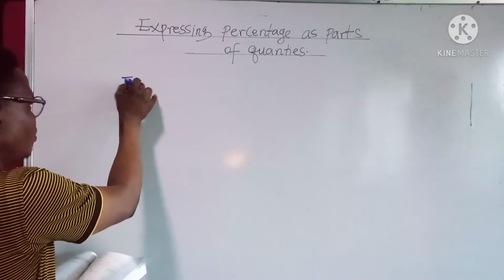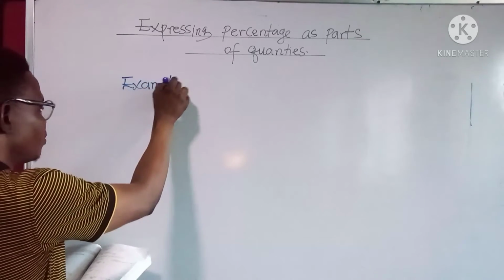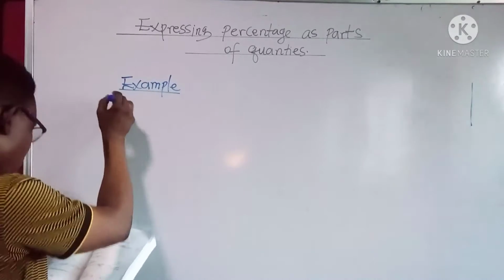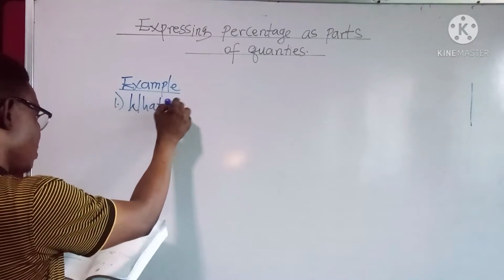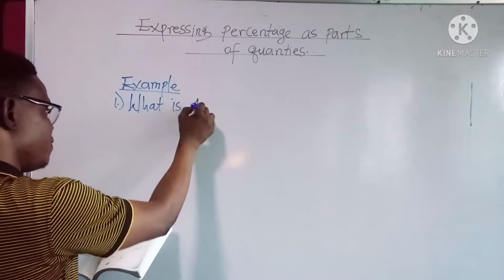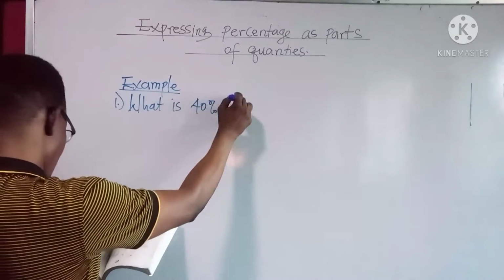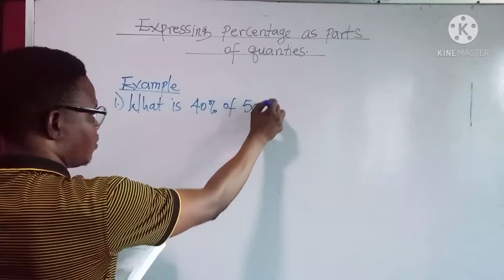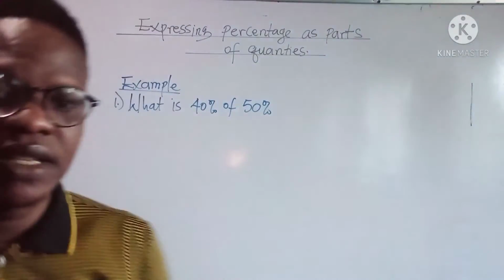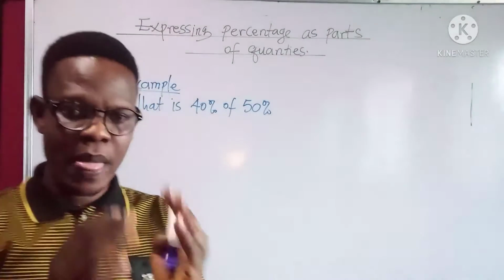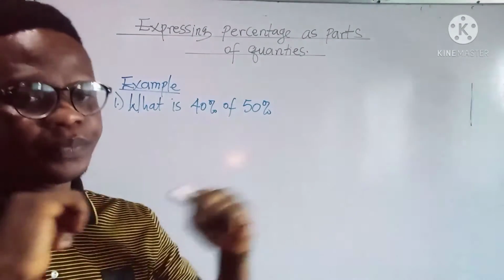Example one. The question says, what is 40% of 50? Now let us look at it this way.